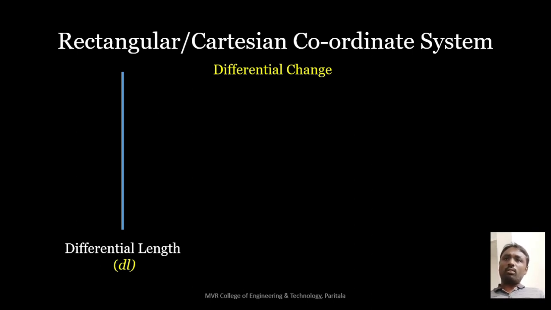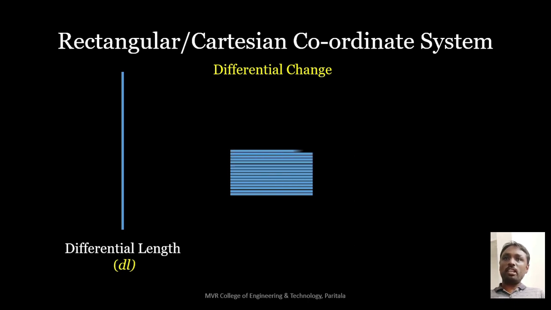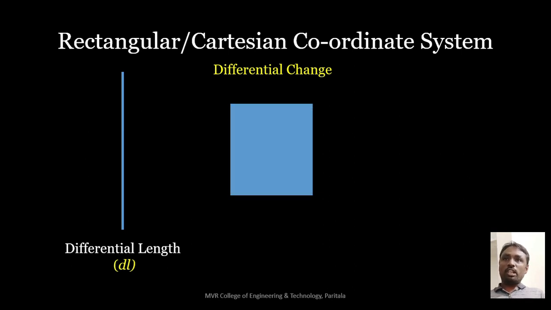Similarly, now you place a line and another line, and thereafter another line. Just see what will happen. The lines are placed one above another, and it forms a surface, a rectangular surface here.